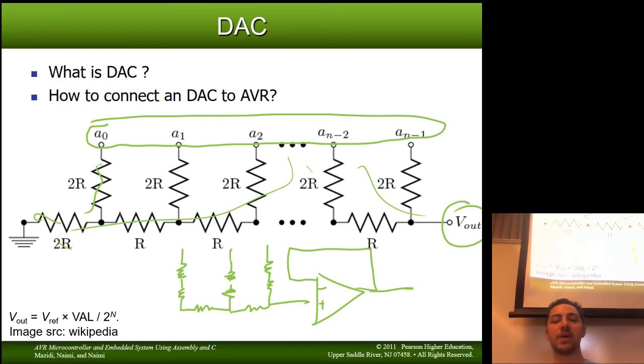That follower amp will just make sure that the voltage here is the same as the voltage on the output, but it has a much stronger drive capability. If you choose the right op amp, it will be able to drive a lot more. So this might be a 3-watt speaker driver.